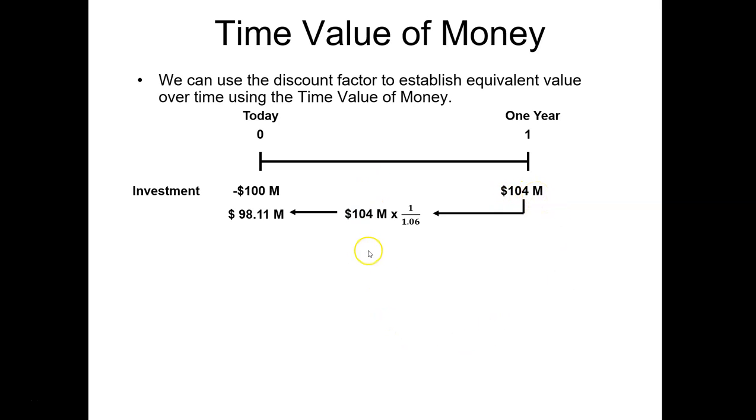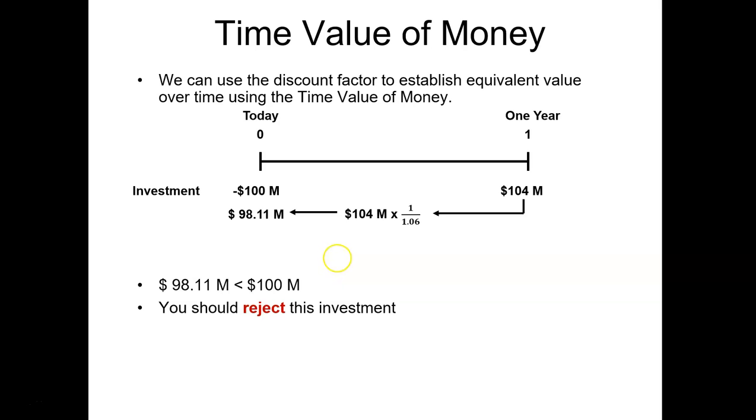So the market price of this revenue now is $104 million times the discount factor. So it is $98 million. Now we see that the benefit of virtual reality project is $98 million. It is lower than the cost of this virtual reality project. So we should reject this investment.